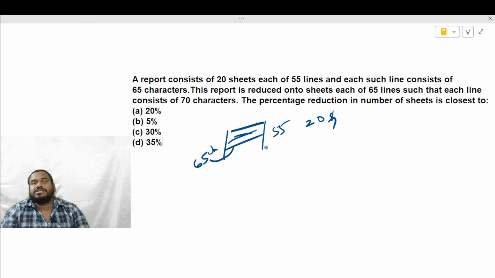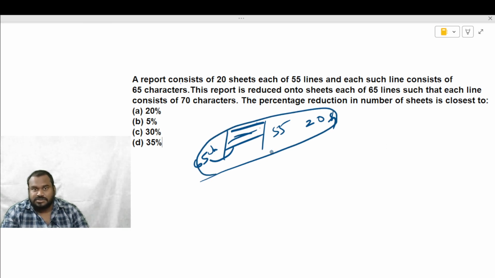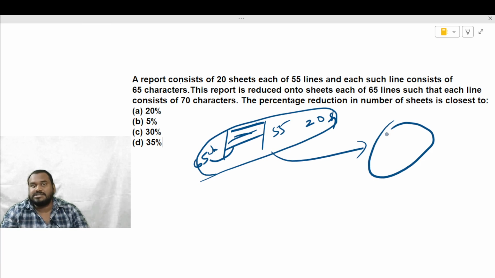So this report is reduced to sheets, each of 65 lines, such that this entire thing is reduced into another set having some number of sheets. In each sheet some lines will be there, and in each line some number of characters will be there. That we need to equate.